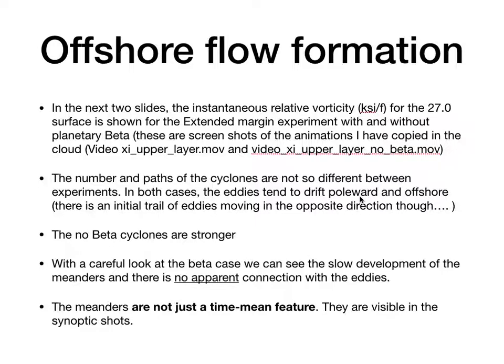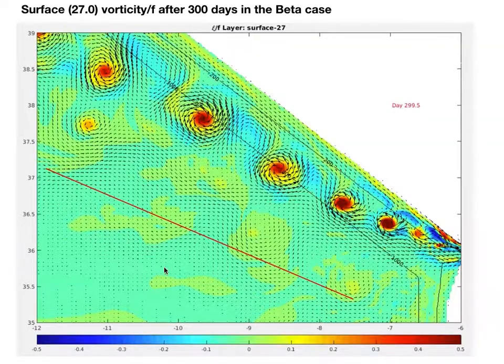So my idea was to mostly look at the generation of eddies and how they behave, and if they could have any kind of influence on the establishment of this offshore flow. So this is a synoptic shot, after about 300 days.